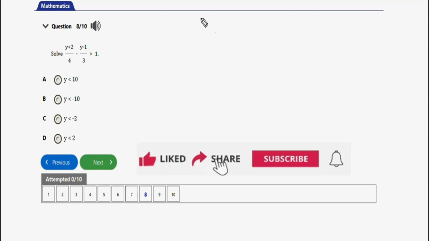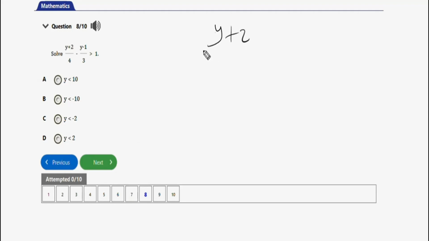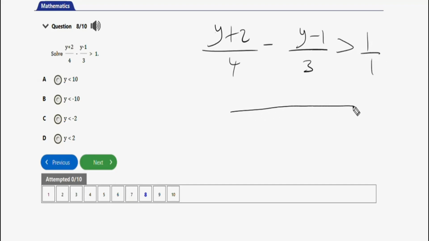Really appreciate this. So this question says we have y plus 2 over 4 minus y minus 1 over 3 is greater than 1. So let's call it 1 over 1 basically. So let's find the LCM. LCM here will be 12.